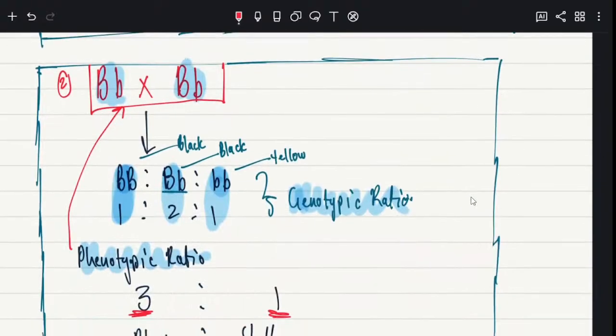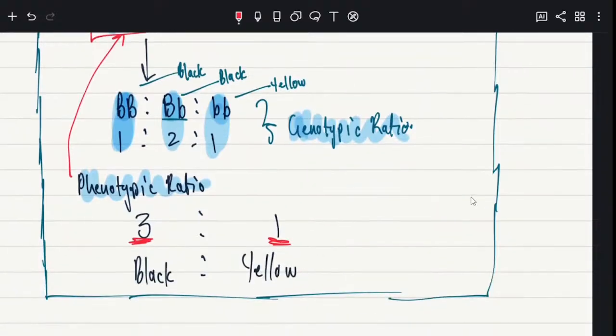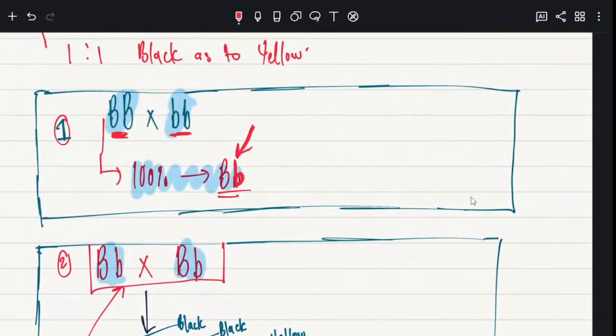For 3:1 is this. You take the heterozygotes, you cross them as parents. This is what you get. Let's do the Punnett squares quick for you to believe.